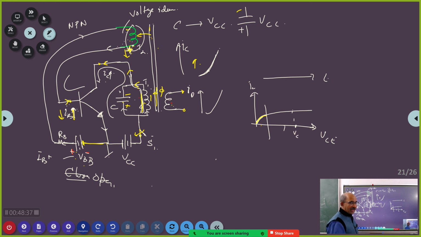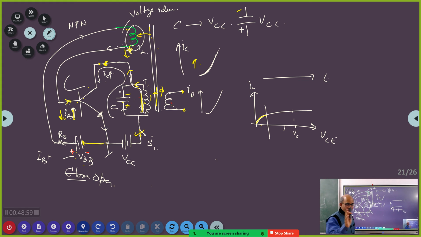Now if IB suddenly decreased, then what happens? Once again this becomes reverse biased, and now this current is in a decreasing mode, IC will also decrease. Got it? Yes. IB will suddenly decrease, then IC will also decrease. Got it? Yes.